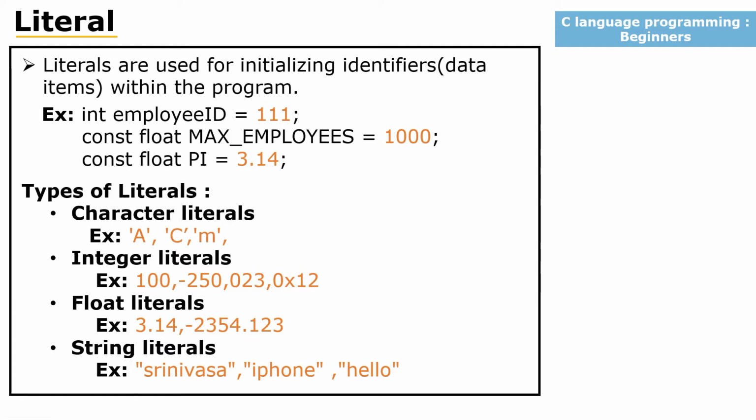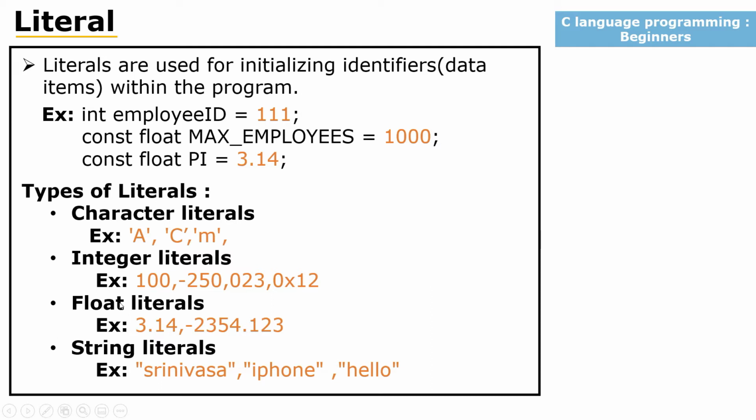If you want to initialize the data items with integer values, then we need to take integer literals. All these integer values are examples of integer literals. Again, these integer literals will be subdivided into 3 categories. The first one is the decimal literal.